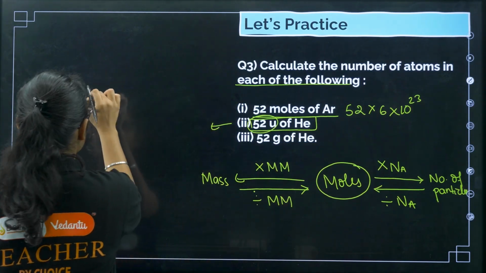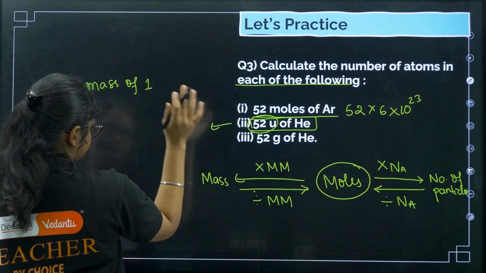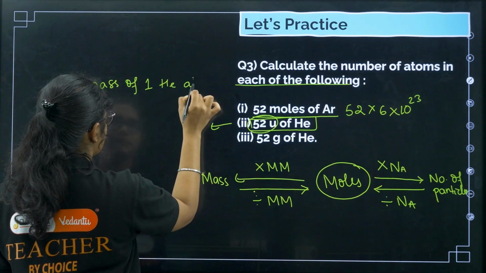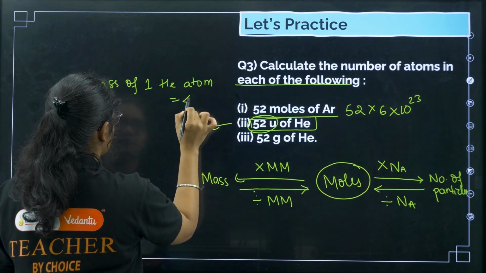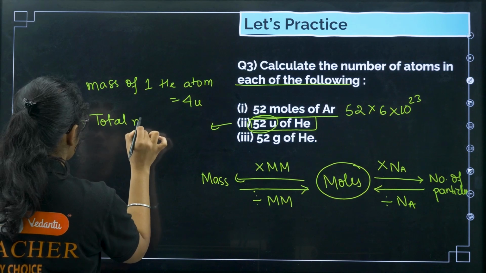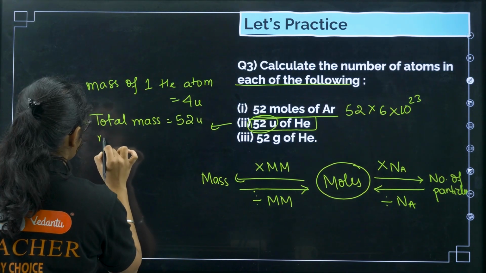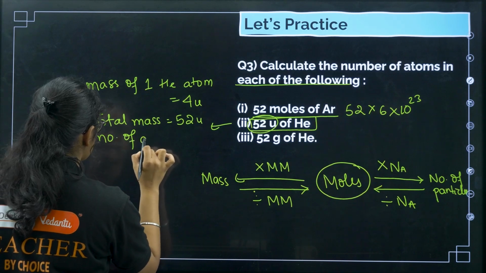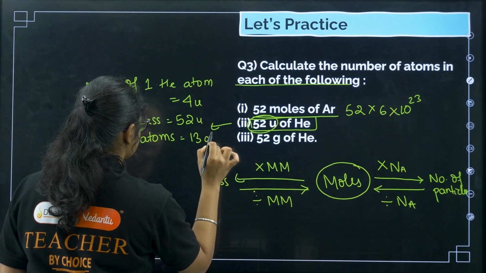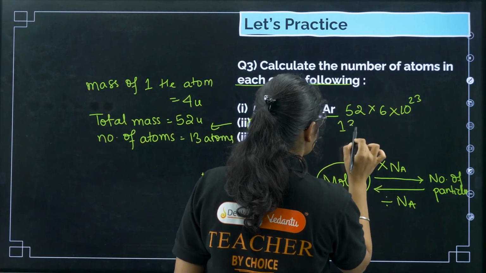Now if you know the mass of one helium atom is 4 u, and the total mass is 52 u, then the number of atoms will be equal to 13 atoms. So that will be equal to 13.